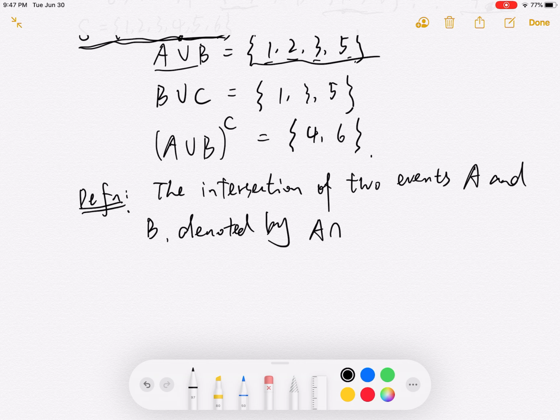So basically, all in all, the event is just a subset of the sample space.